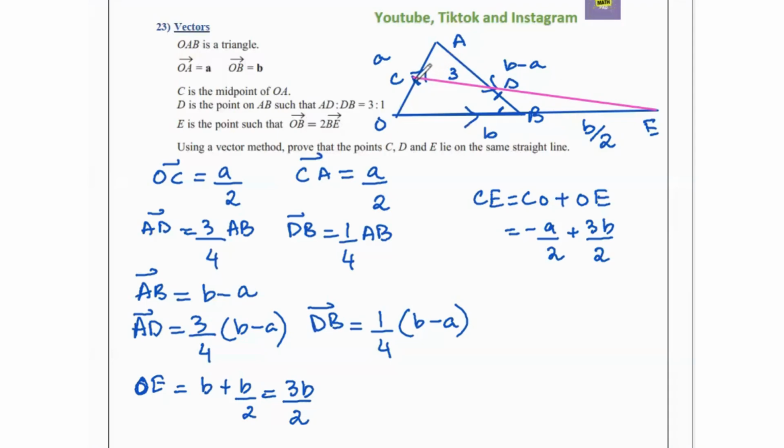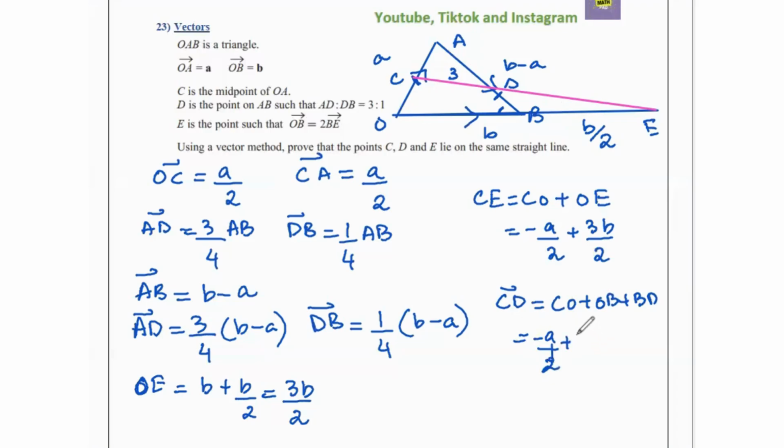Now for CD, CD is going to be CO plus OB plus BD. CO is negative A over 2.